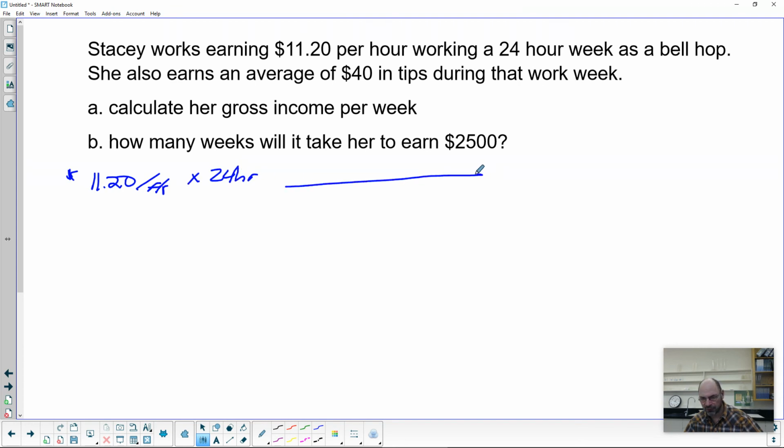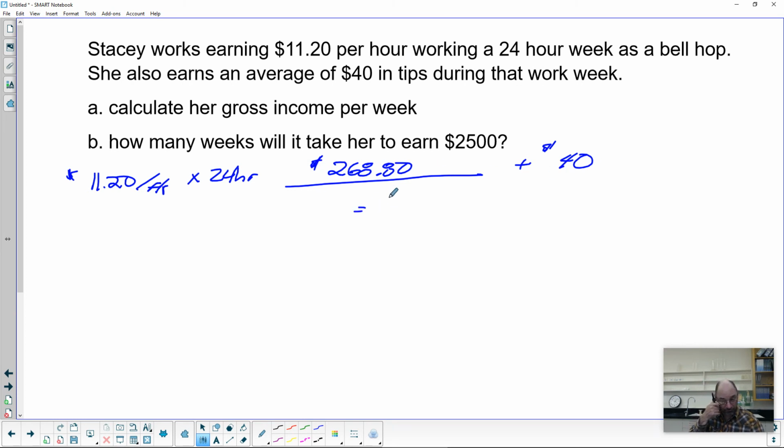And that's going to give us a number. And we're going to add her tips, and that'll give you what she makes every week. So go 11.20 times 24. That's equal to $268.80.